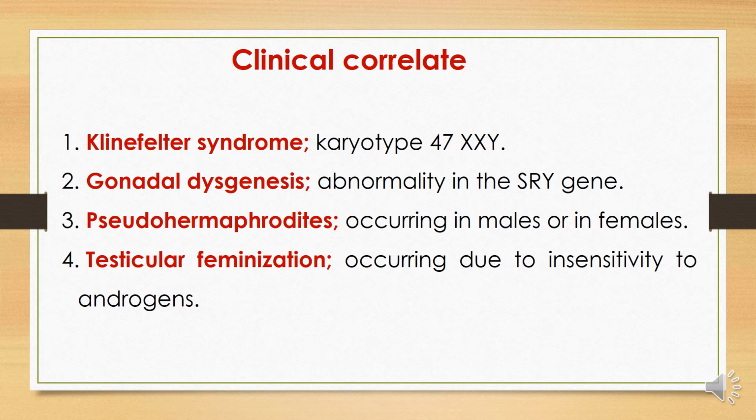Now the clinical correlates, defects in the sexual differentiation of the external genitalia could be seen in, first, Klinefelter syndrome with the karyotype 47,XXY or other polysomies, the most common major abnormality of sexual differentiation occurring with a frequency of 1 per 500 males. Second, gonadal dysgenesis.